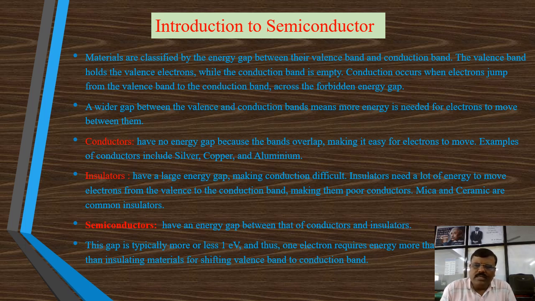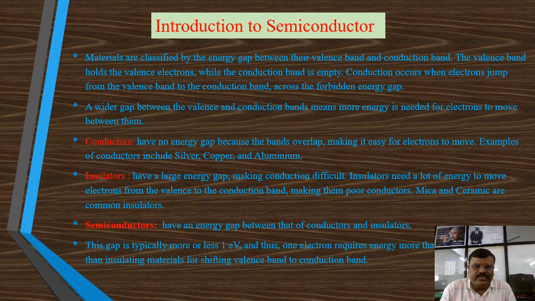Examples of conductors are silver, copper and aluminum. The second type of material is the insulator, having a large energy gap, making conduction difficult. Insulators need a lot of energy to move the electrons from the valence to the conduction band, making them poor conductors. For example, mica and ceramic are common insulators.